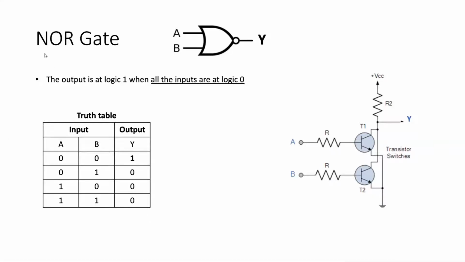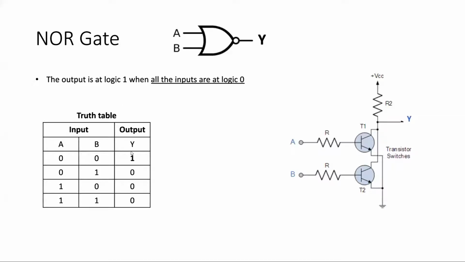One of them is called NOR. It is actually the negation of OR. And as you see in its logic symbol, we have the symbol that was used for OR, followed by a circle. Circle shows negation in logic symbols. The output of this gate is at logic 1 when all the inputs are at logic 0.